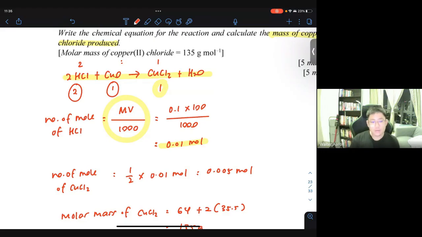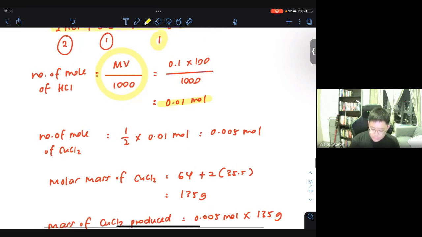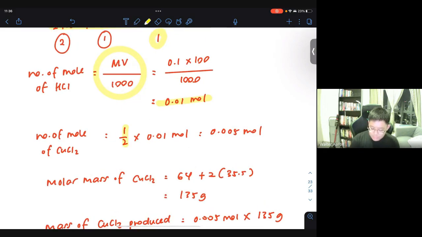So if you have 0.01 mole of HCl, you should have half the number of moles of CuCl2. So that's why I put it over here. Number of moles of CuCl2 is half times 0.01 mole, or 0.01 mole divided by 2, and I get 0.005 mole of CuCl2.